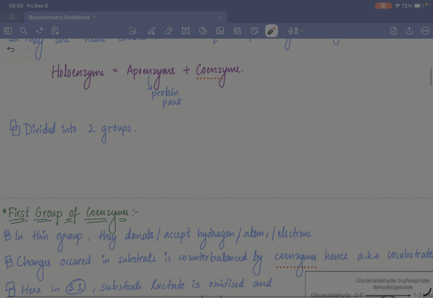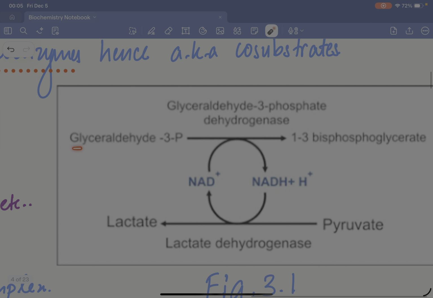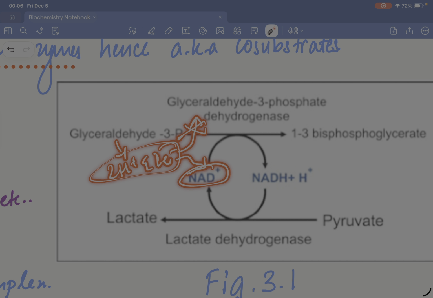So here, let us take this example. This is glyceraldehyde 3-phosphate. The enzyme is glyceraldehyde 3-phosphate dehydrogenase. Okay, this gives out 2 hydrogen and 2 electrons. This is not accepted by the enzyme, it is accepted by the coenzyme, that is NAD plus, nicotinamide adenine dinucleotide, right?